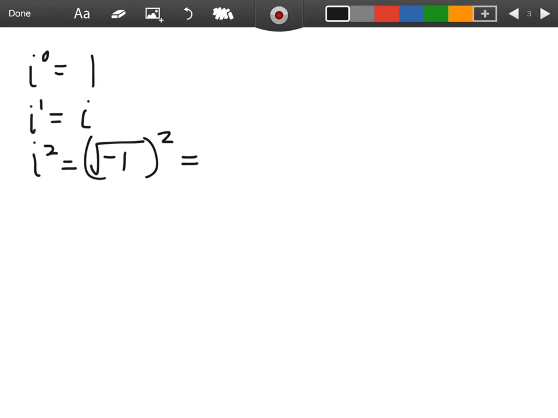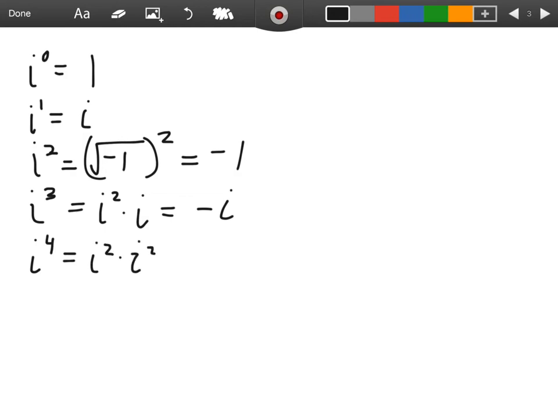Will they undo each other? Which is just -1, back to the real numbers. i to the third power is going to be i squared times i. We said i squared is -1, so this is -i. i to the fourth is i squared times i squared, which is -1 times -1, so +1.